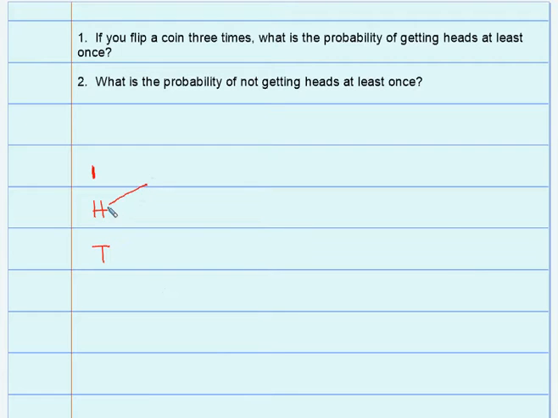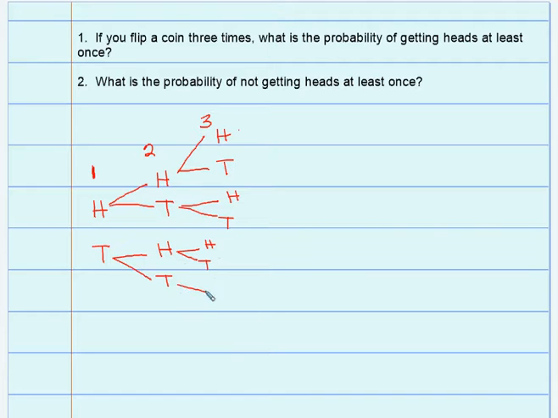Then on the second coin flip, we can get another set of heads or tails. On the third coin flip, we can get heads or tails, heads or tails, heads or tails, and heads or tails.